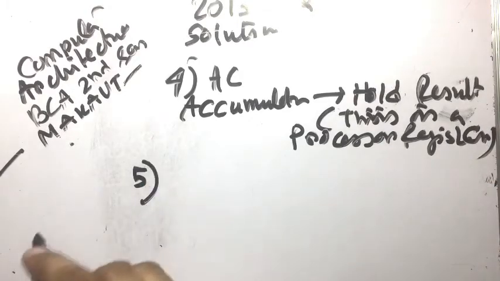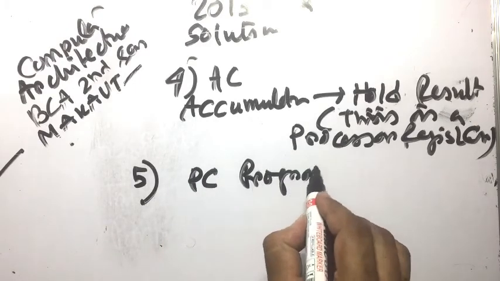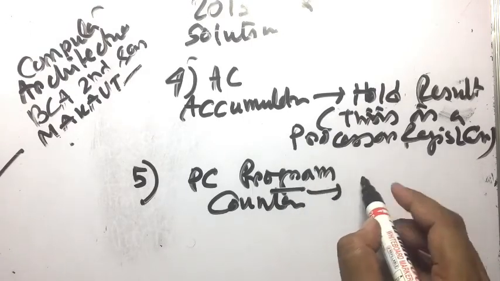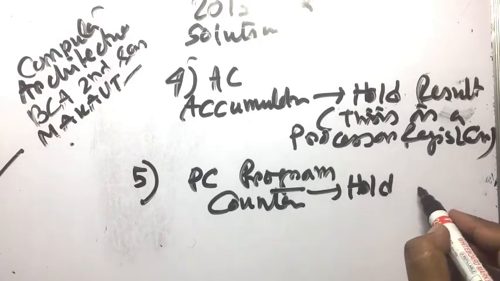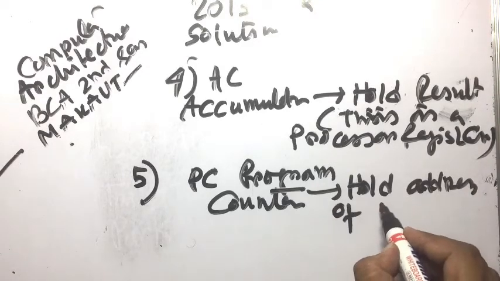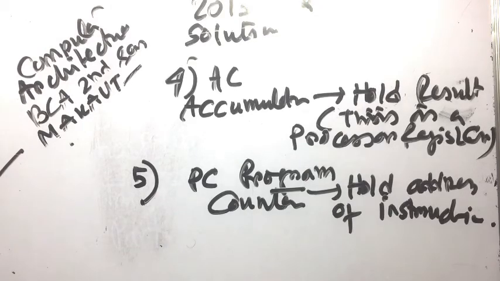Next, number 5, PC, program counter. It holds the address of the instruction.